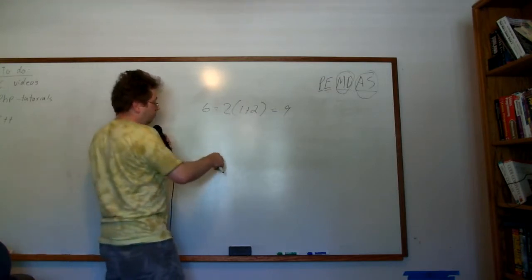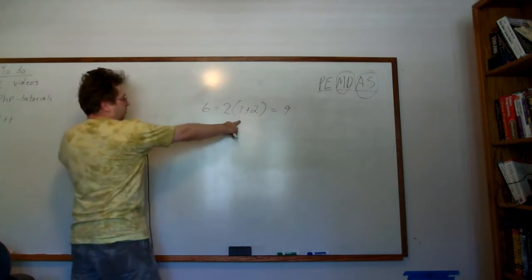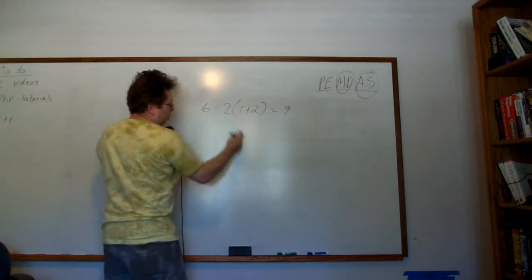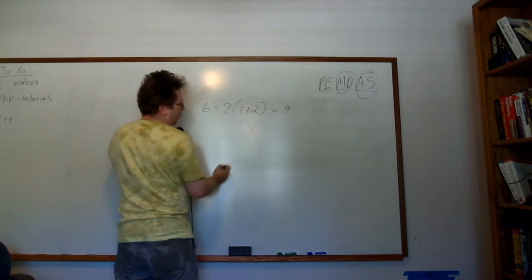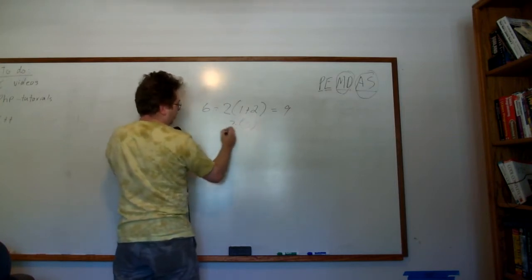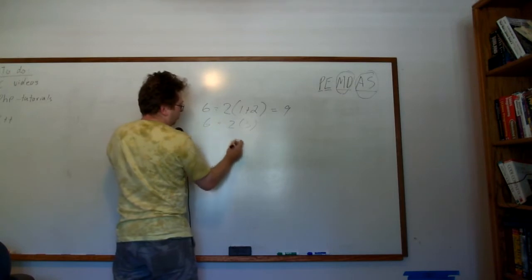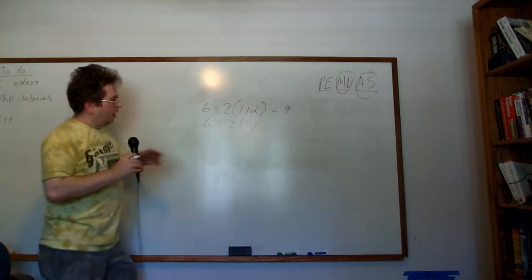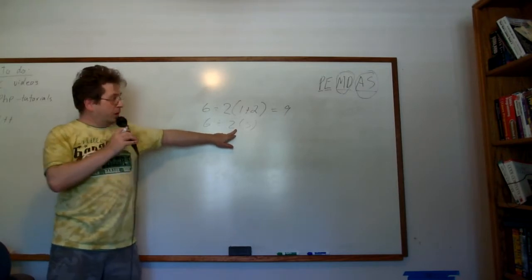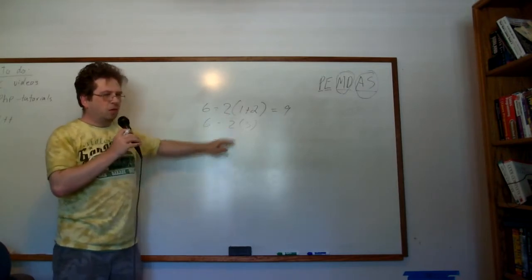Now, in this problem, you do the 1 plus 2 equals 3. If you want to leave the parentheses in, we're going to do that for now, because I'm going to show you where the next group of people make mistakes. They see this set of parentheses here, and they think the 2 is associated with it. Wrong.